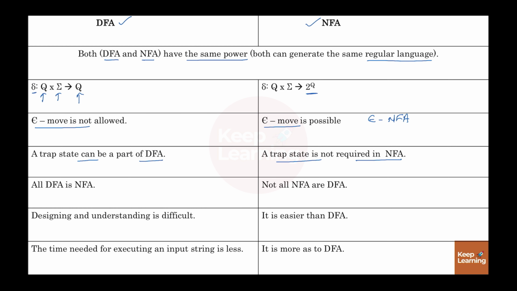Why? Because in an NFA there is no need to define the transition for each input from every state. That's why you don't require a trap state here. All DFA is NFA, but not all NFA are DFA, because Q is a subset of 2 power Q. That's why we are saying all DFA is NFA.